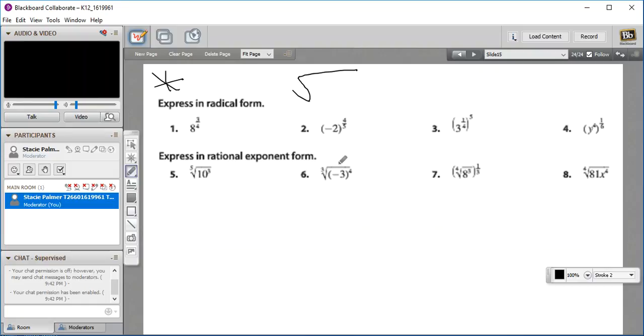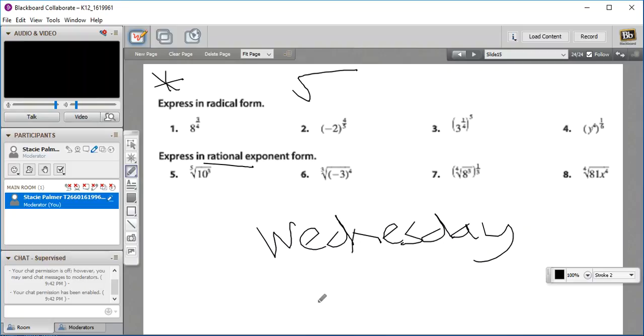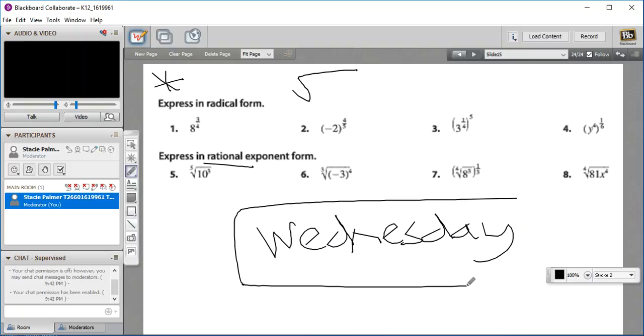For questions 5, 6, 7, and 8, you are going to remove the radical and write it in rational exponent form. So these are your problems. You can go ahead and take care of doing these problems, put it in the Dropbox, and then your next new lesson will be on Wednesday, and I will send you another recording for that.